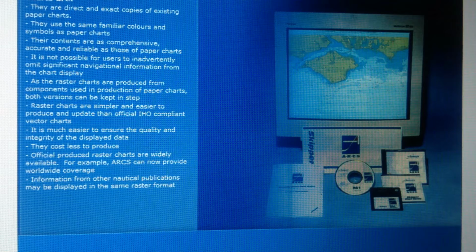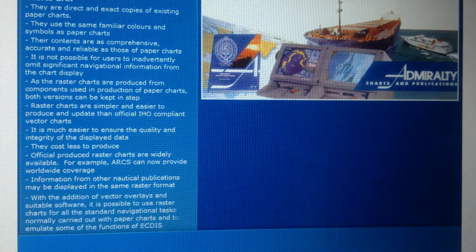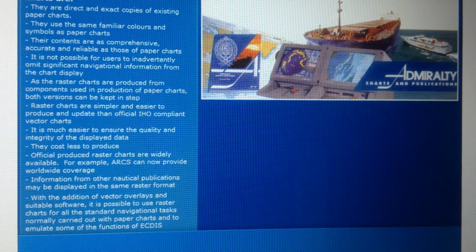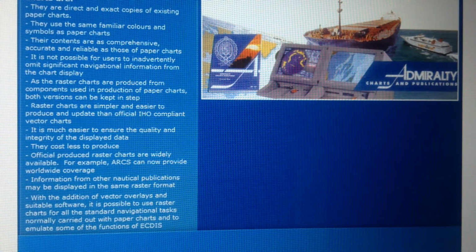Information from other nautical publications may be displayed in the same raster format. With the addition of vector overlays and suitable software, it is possible to use raster charts for all the standard navigational tasks normally carried out with paper charts, and to emulate some of the functions of ECDIS.